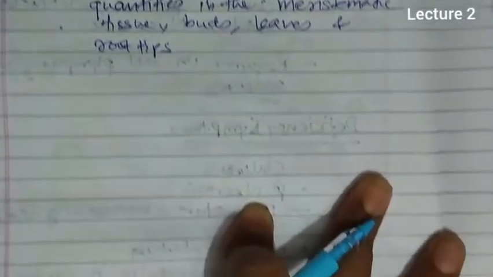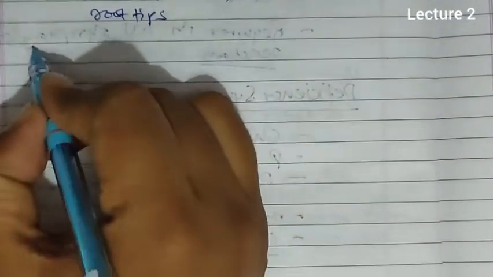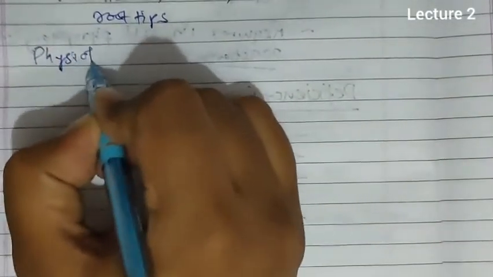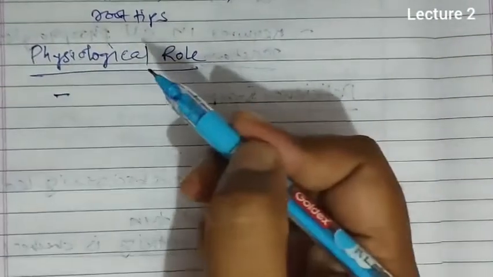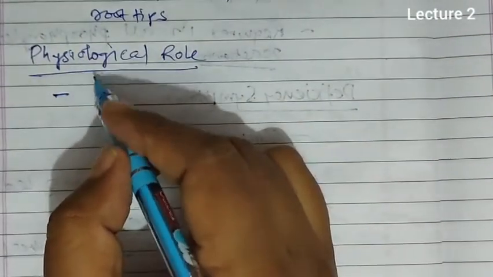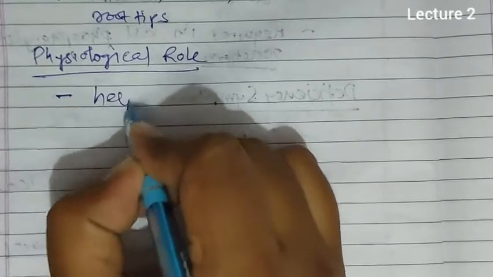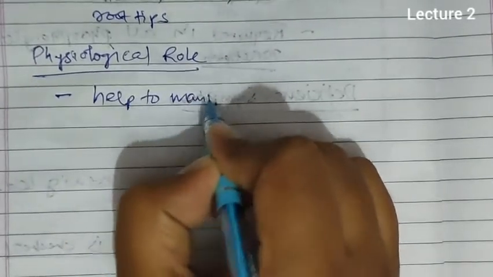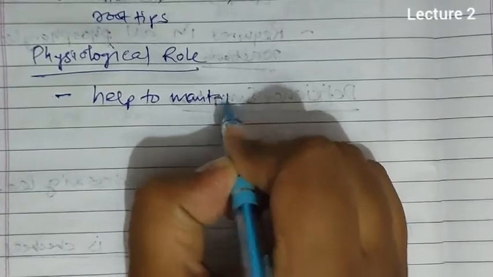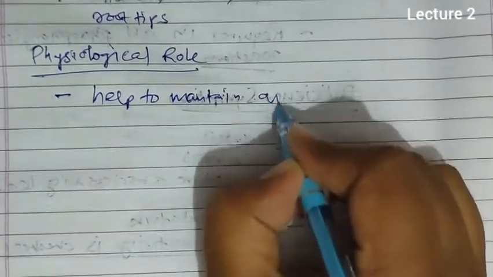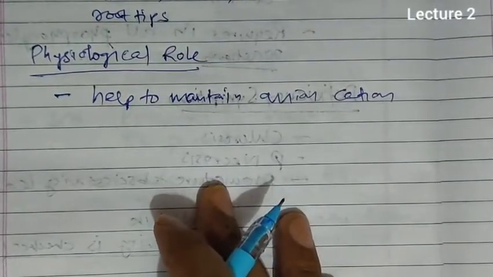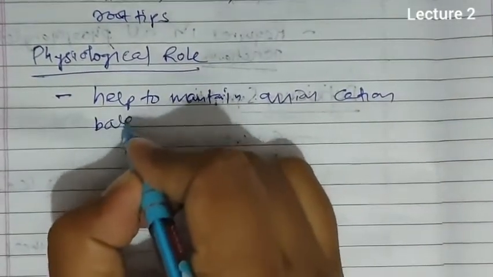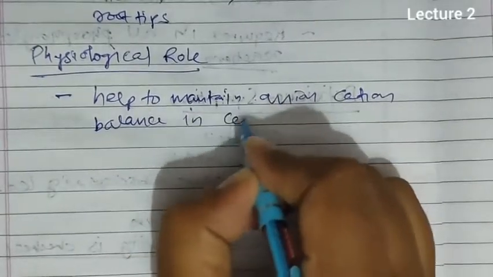Now next we talk about the physiological role of potassium. It helps to maintain anion-cation balance in cells.